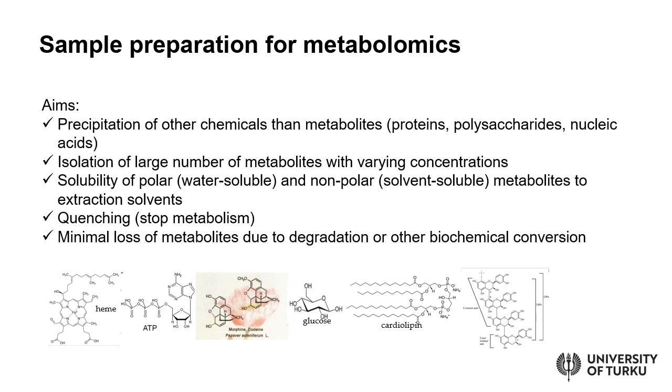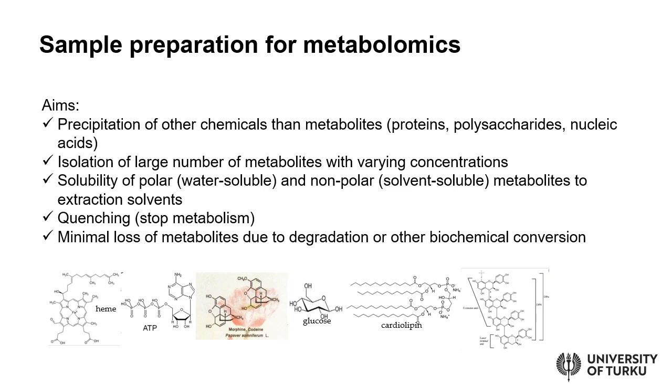And then, on the other hand, you want to get rid of others than metabolites, but also you want to keep in your sample as large a number of metabolites as possible. So in terms of the number of different chemical structures, that should always be maximized in metabolomics analytics.